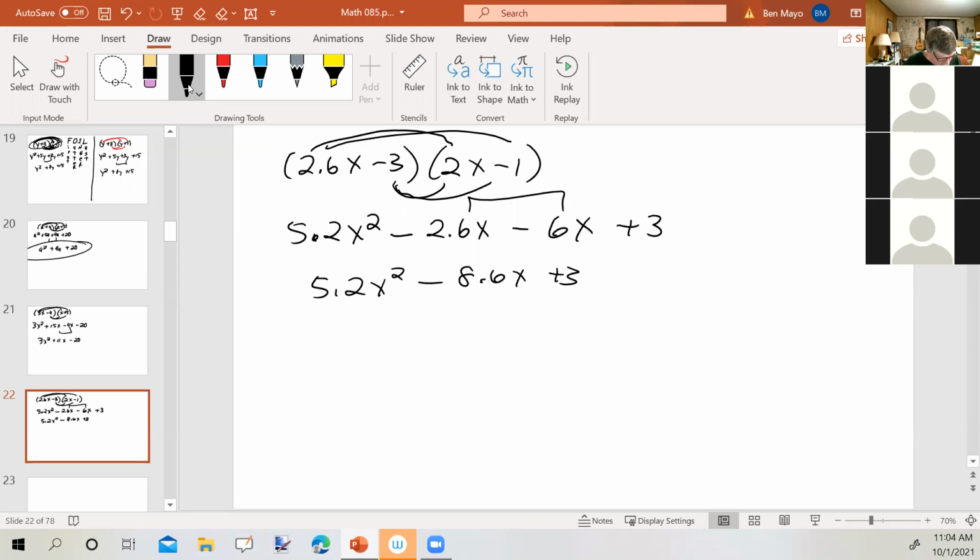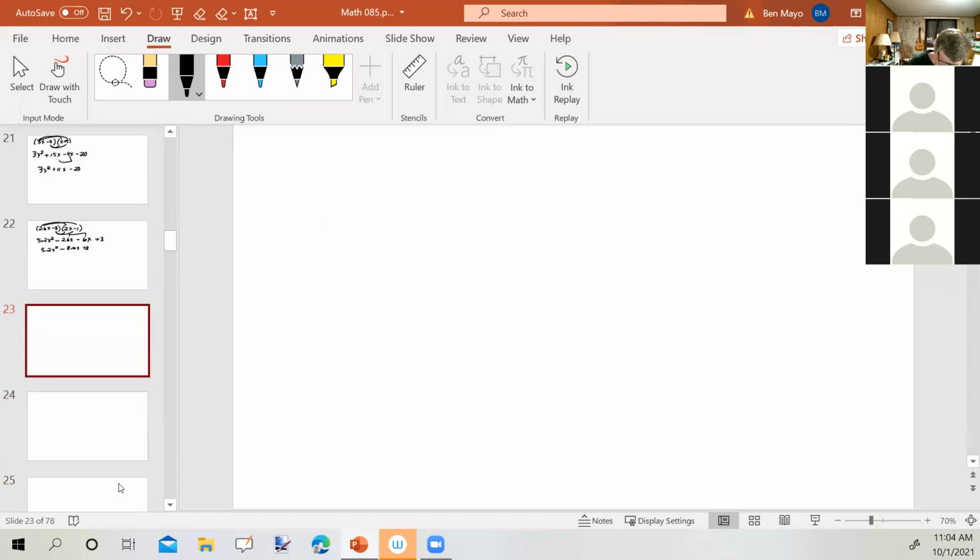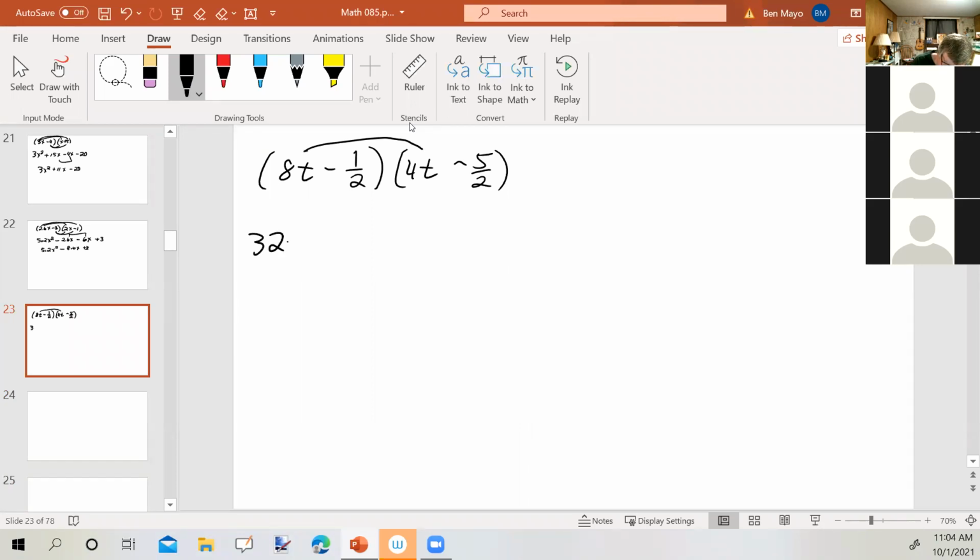Okay, how about with some fractions? 8t minus a half times 4t minus 5 halves. So 8t times 4t is 32t squared. 8t times minus 5 halves. I'm going to write that.